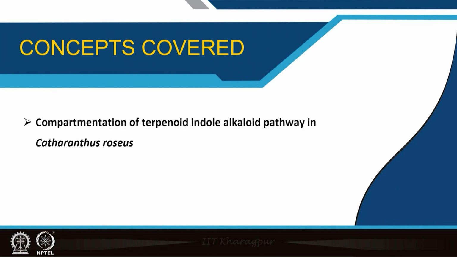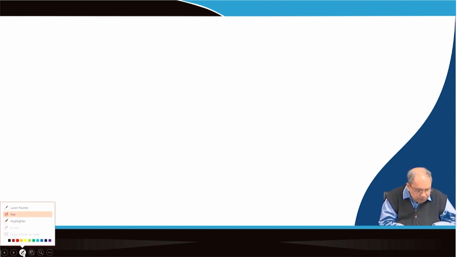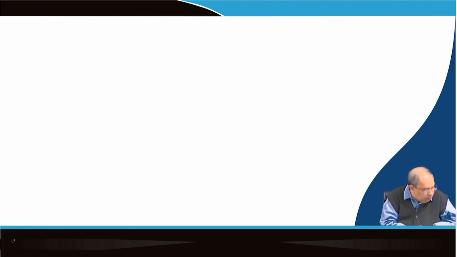So, what I am going to cover here is the compartmentation of the terpenoid indole alkaloid pathway in Catharanthus roseus. What we have seen is that different enzymatic steps are operating within the cell.